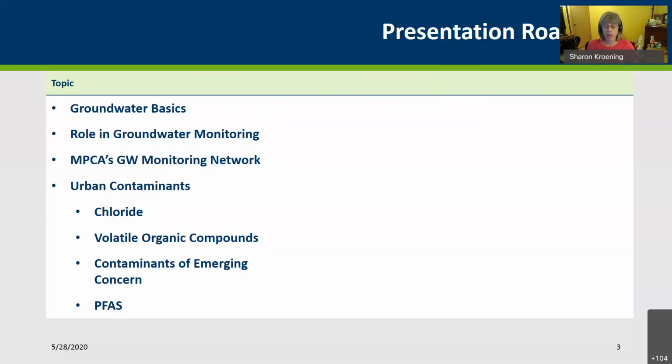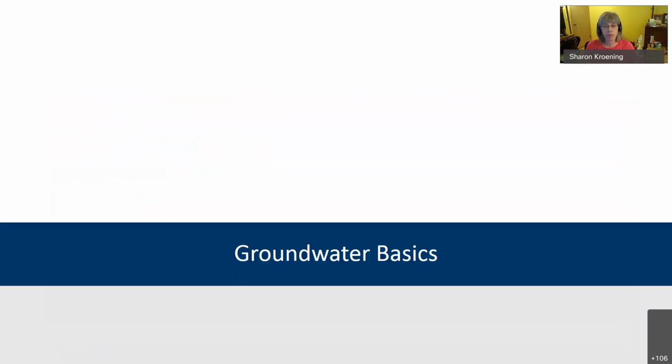And finally, I'm going to end with describing some of our PFAS monitoring results. PFAS, as most of you know, are the fluorinated chemicals used in nonstick cookware and many, many other products. First, I just want to give you some basic information about the groundwater.